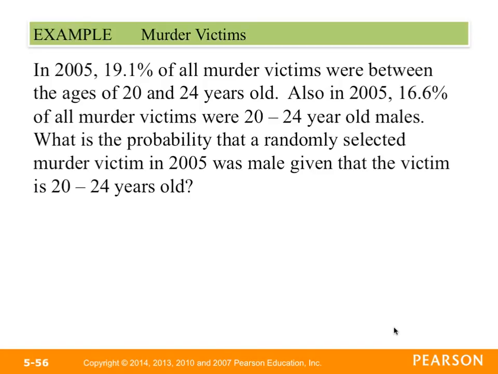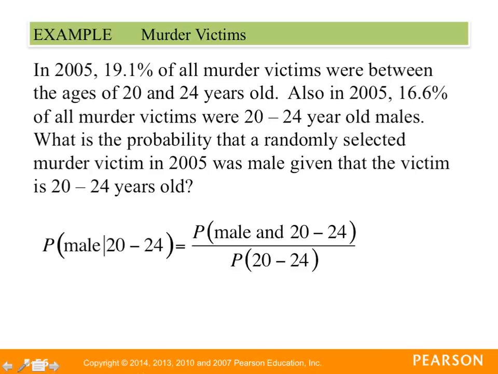Okay, another example. In 2005, 19.1% of all murder victims were between the ages of 20 and 24 years old. Also in 2005, 16.6% of all murder victims were 20 to 24-year-old males. What is the probability that a randomly selected murder victim in 2005 was male, given that the victim is 20 to 24 years old? So we want the probability of male given 20 to 24.